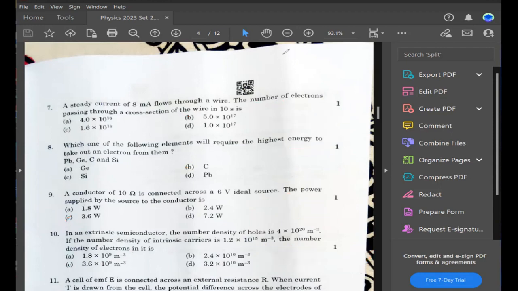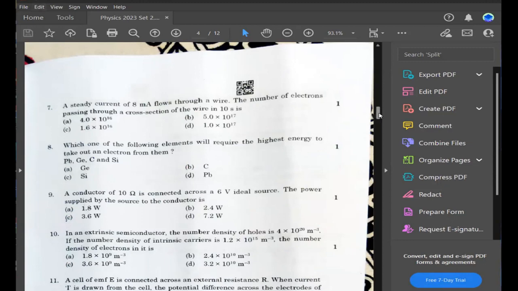Next question, which is question number 11. Okay, in question number 11, you have to find out the internal resistance in terms of the EMF and the terminal potential difference.